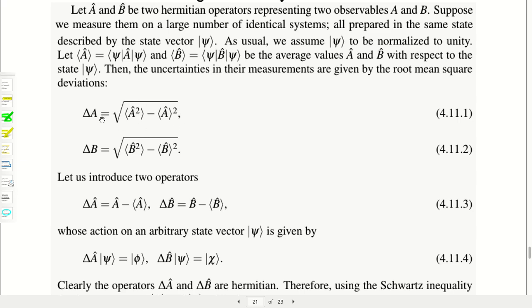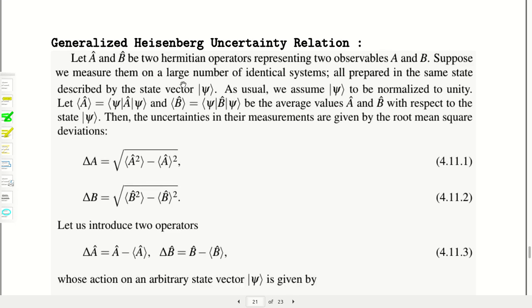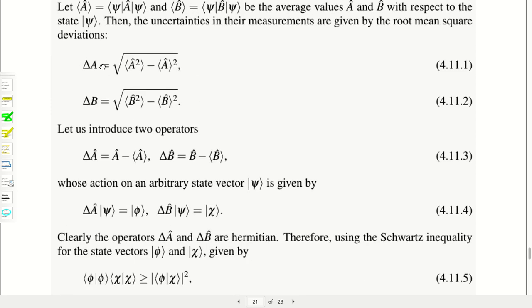This is the deviation, and the root mean square of that deviation is by definition called the uncertainty of A. Similarly for B. So we should calculate this quantity to get delta A, the uncertainty in A, and the uncertainty in B, because the Heisenberg uncertainty relation deals with uncertainties in dynamical variables, that is, uncertainties in momentum, position, energy, time, etc. So uncertainties will be measured here.